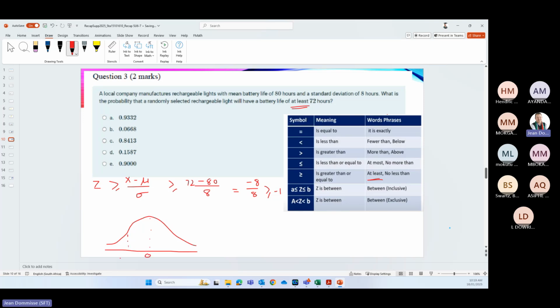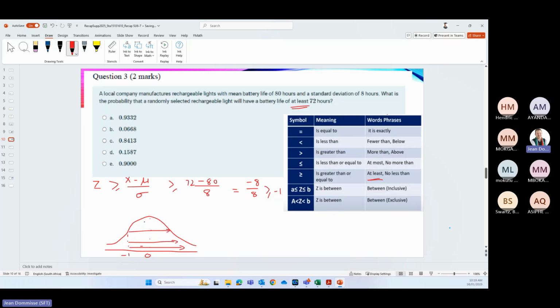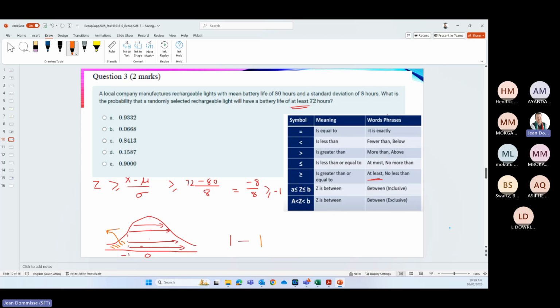That side is minus 1, so we want this area, bigger or equal to minus 1. What I would do is say 1 minus this orange component. Whatever that orange component is, 1 minus that will give me what I need.